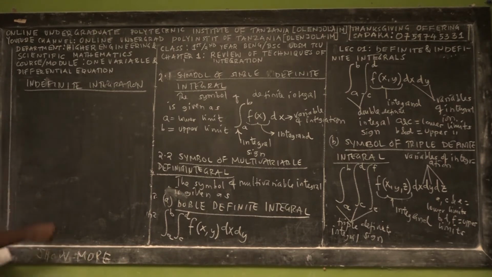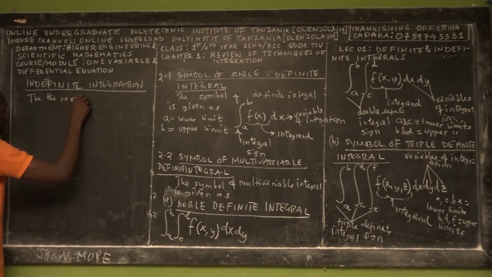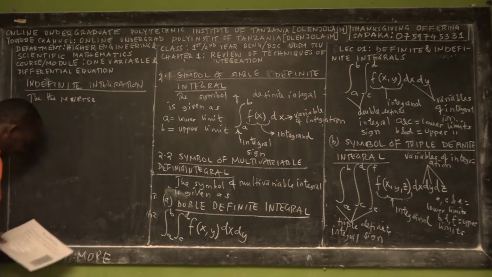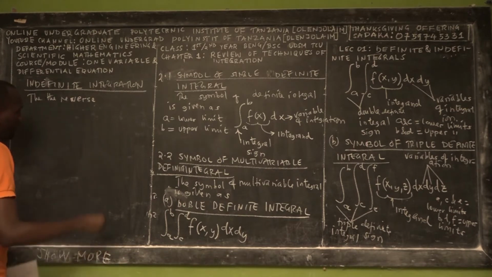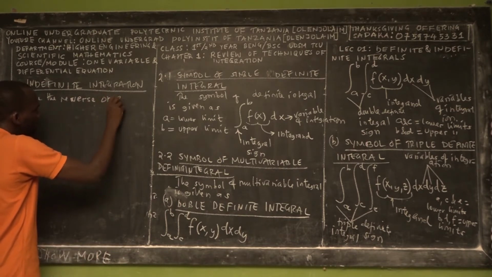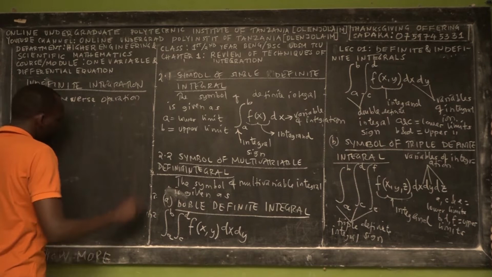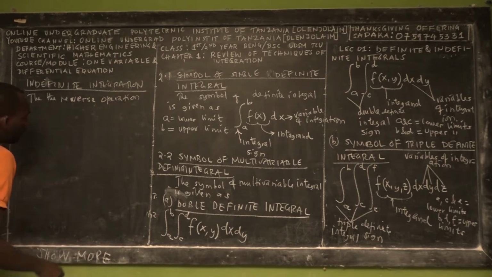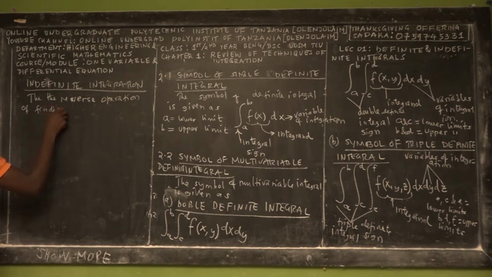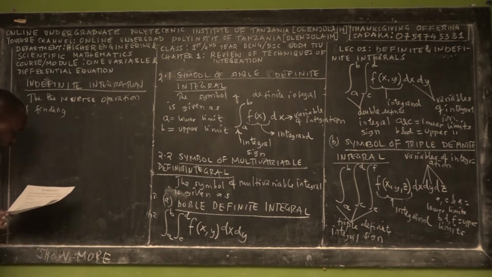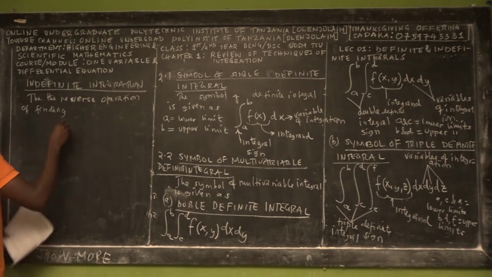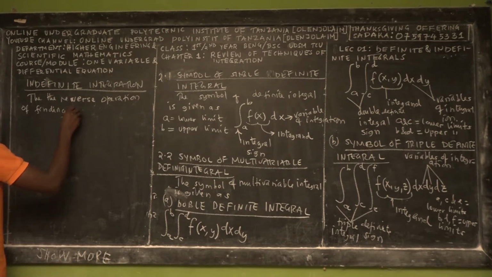Right now, before we proceed, we say that the reverse operation of finding a derivative is called the antiderivative.